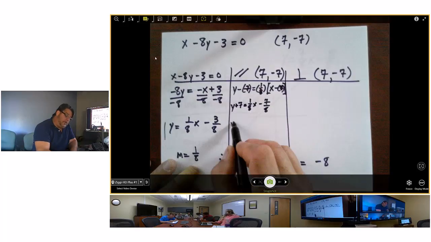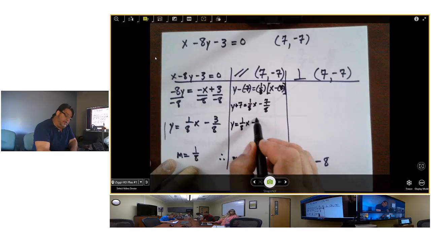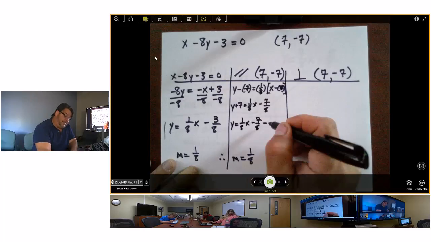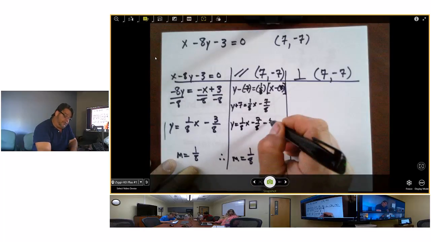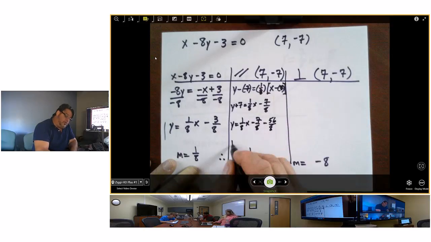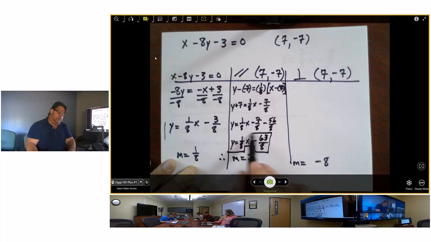Y is equal to 1/8 x minus 7/8 minus what? 56/8? Yeah. So y is equal to 1/8 x minus 63/8? Yeah. That's the parallel line.